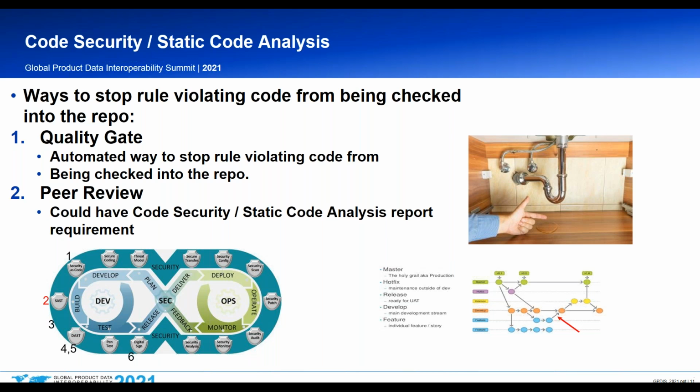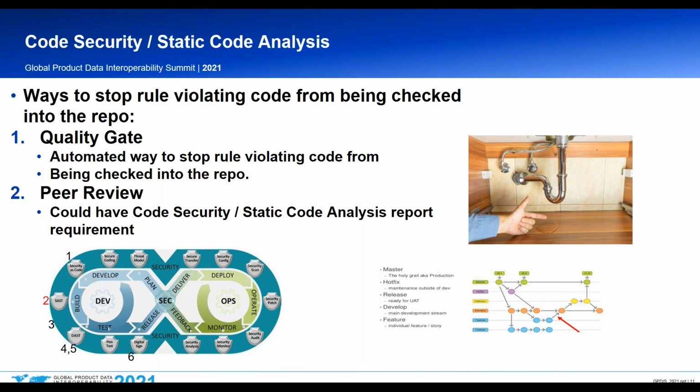And a second way is to actually go through a peer review. And the peer review is where the software development team will actually review the code to allow or not allow the code to be checked in.